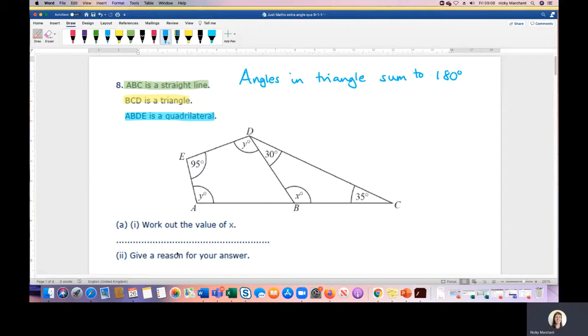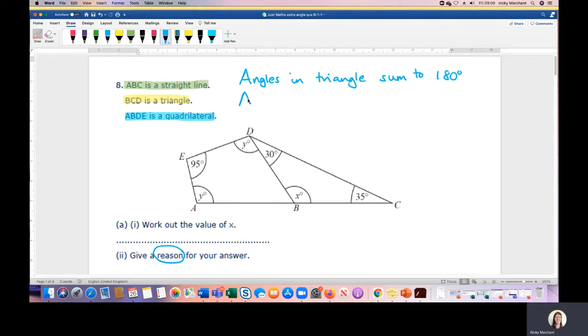And straight away, that gives you one of the reasons for your answers you're going to give later on. So if you do this bit first, then the calculations, you have the information here to hand, and then you actually have got some points for reasons. Now the green one here, angles on a straight line.